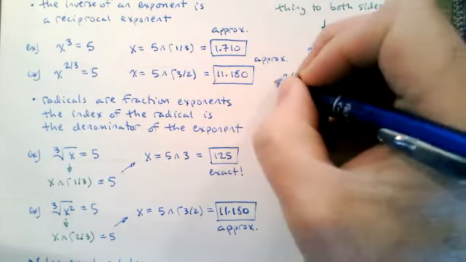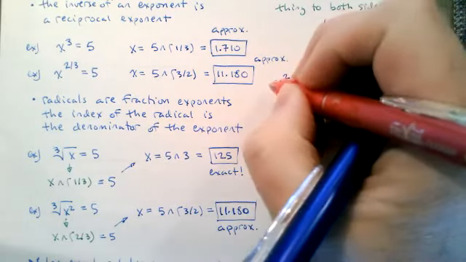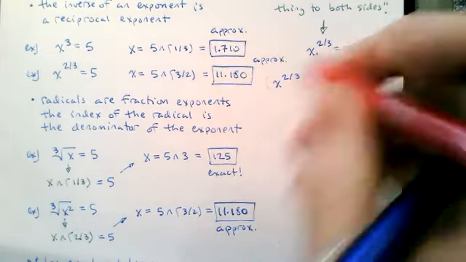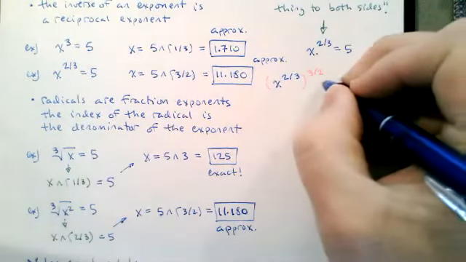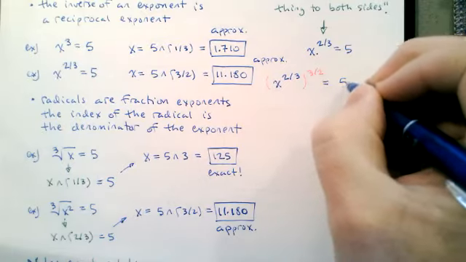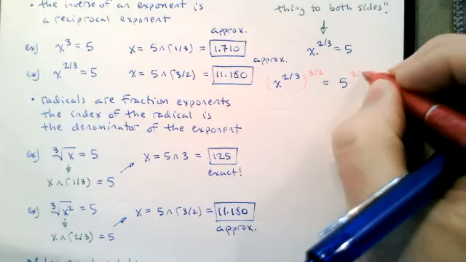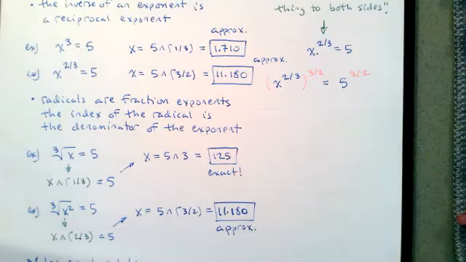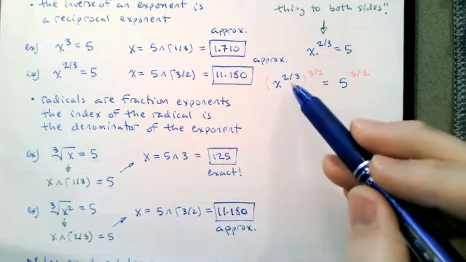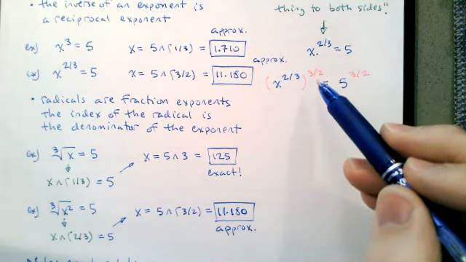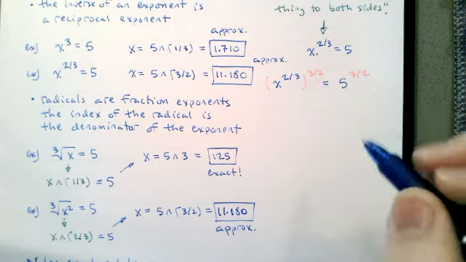I'm going to take the x to the 2/3 side, and I'm going to raise this to the 3/2 power. But if I raise the left side to the 3/2 power, then I also have to raise the right side to the 3/2 power, because we want to maintain balance by doing the same thing to both sides. The reason that we picked 3/2 is that when we raise a 2/3 exponent to a 3/2 exponent, we get an x to the first, which is what we're trying to find.